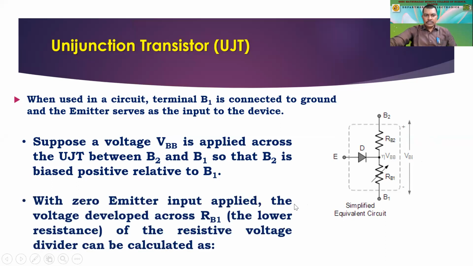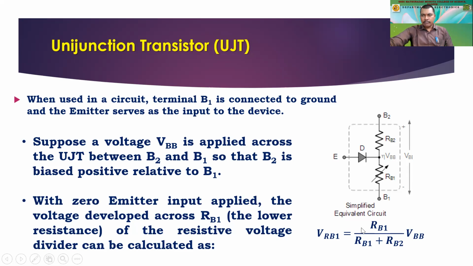With zero emitter input applied, the voltage developed across RB1, the lower resistance of the resistive voltage divider, can be calculated using the equation we discussed in the last slides. The voltage across this resistance RB1 equals RB1 by RB1 plus RB2, the resistance across which we expect the output voltage, taken first.